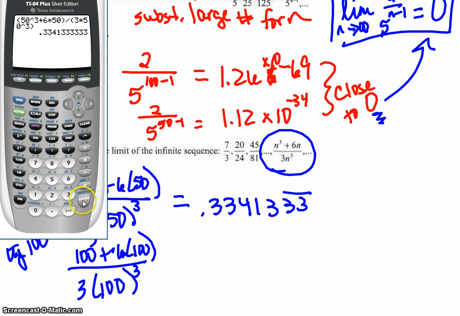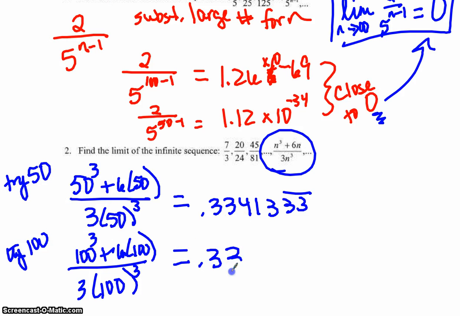So I'm going to do second enter and pull that back up. And anywhere I see 50, I'm actually going to cheat, if that's all right with y'all, because if I change it to 100, I got to add a spot. Let's just go 99. 99 to the third plus 6 times 99 divided by 3 times 99 to the third. And we get 0.333537.